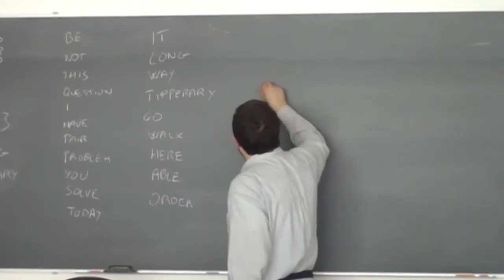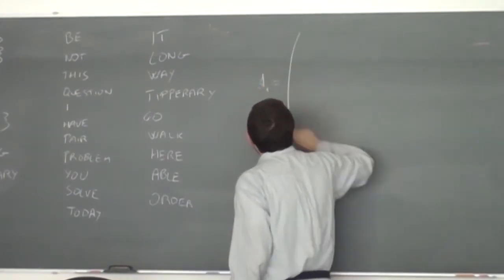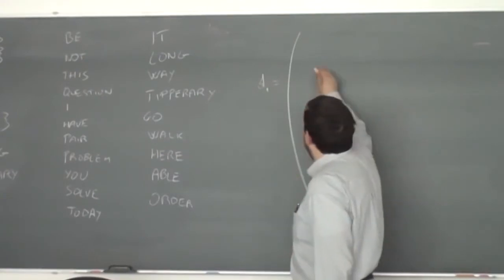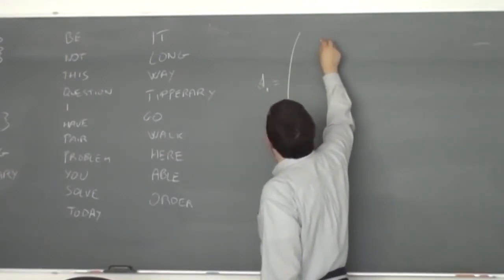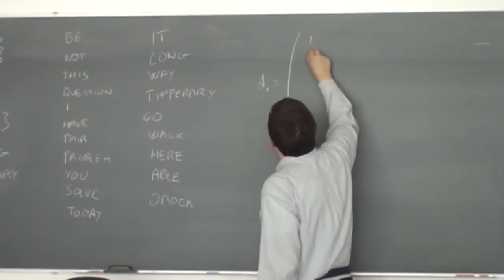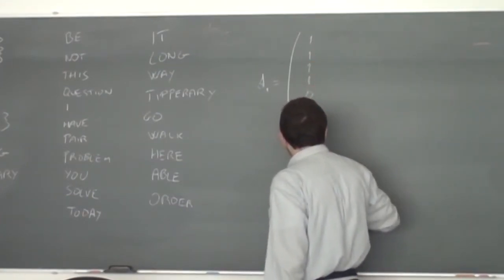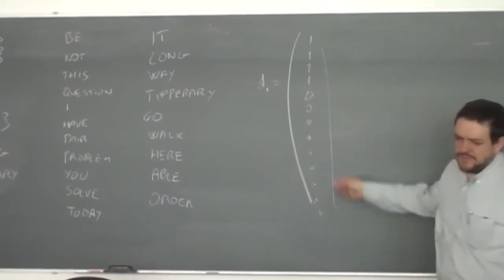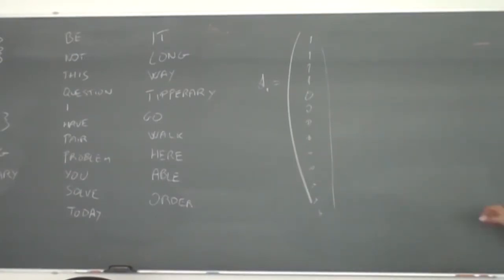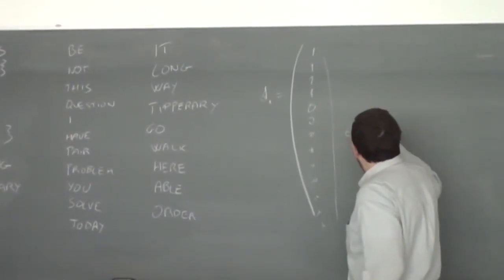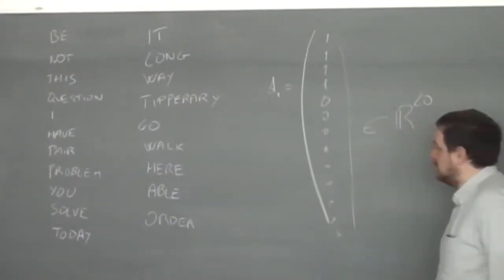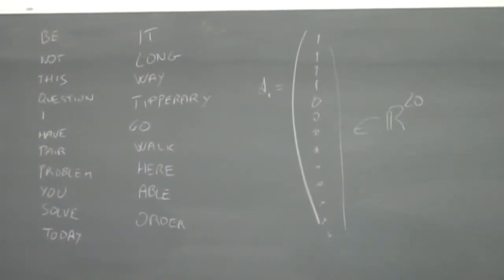So, for example, D1 would be the set 1, 1, 1, 1, and then all zeros, though not the set, the vector, in R20.